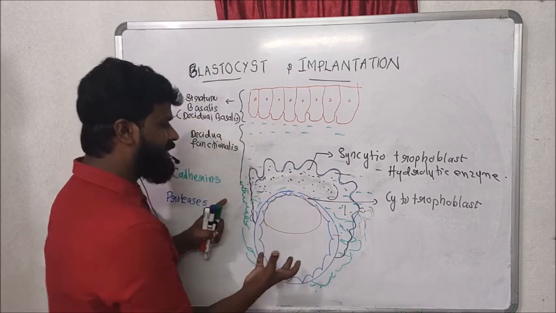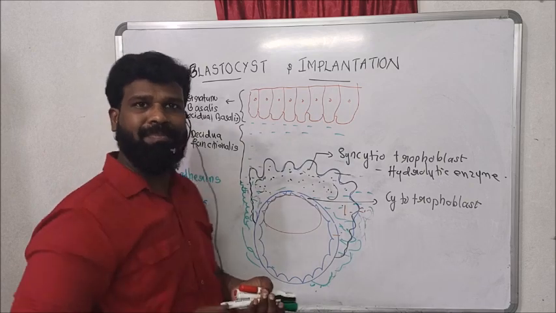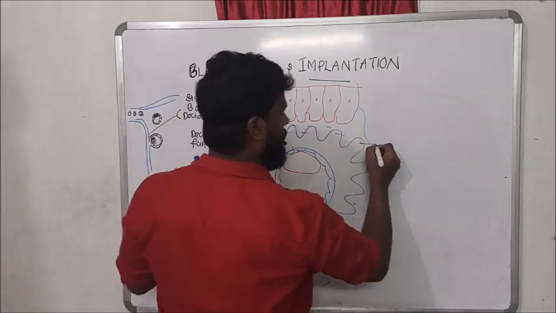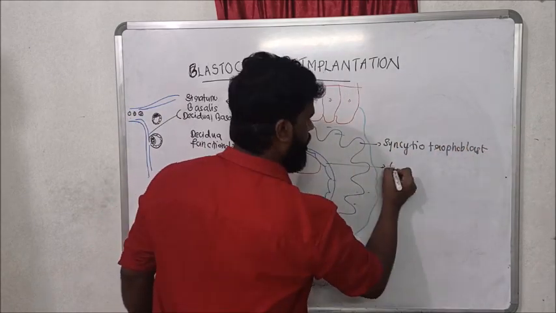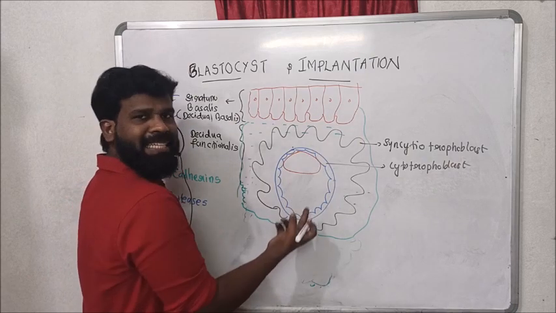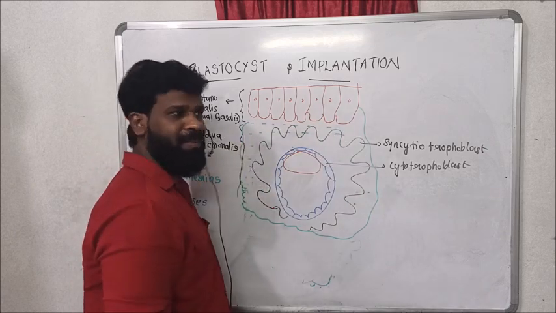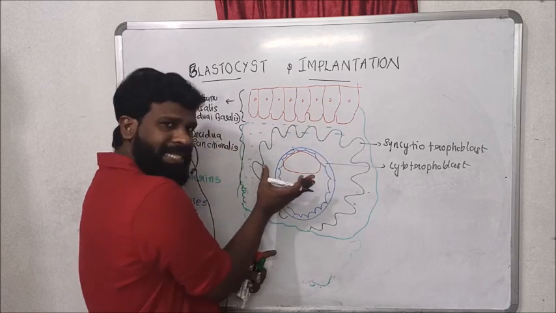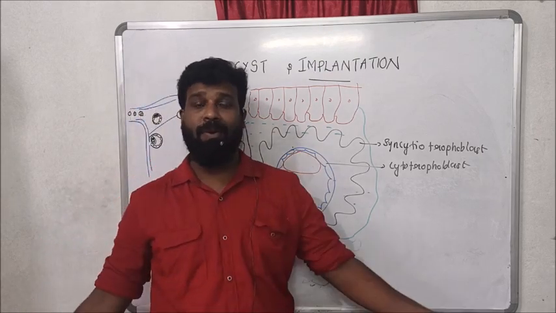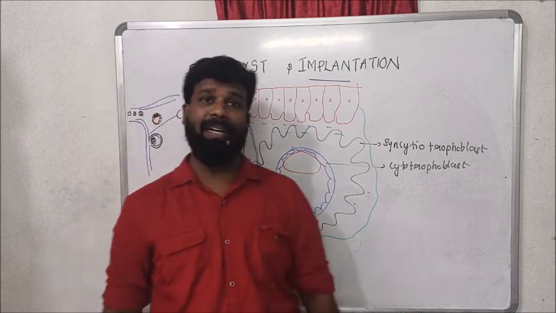As a result, this blastocyst is completely penetrated and buried in the endometrium. This process is called implantation. Now this blastocyst is completely buried in the endometrium.